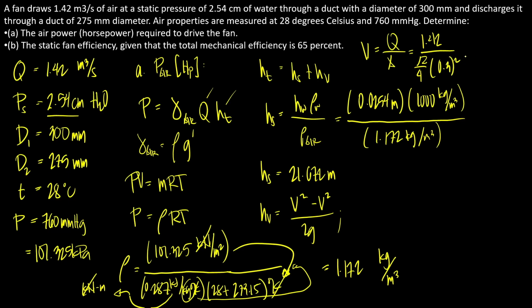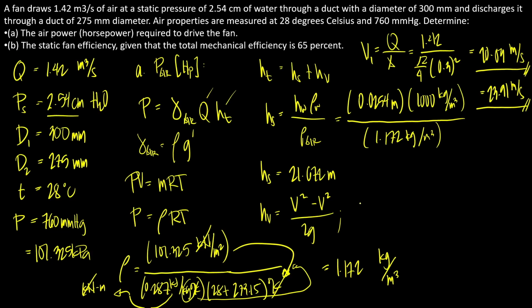For 0.3 squared, V1 is 1.42 over pi over 4 times 0.3 squared, so we have 20.09 meters per second. Then changing this to 0.275, you would have 23.91 meters per second.